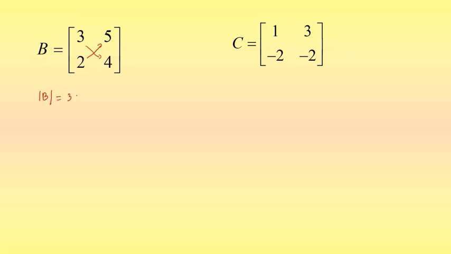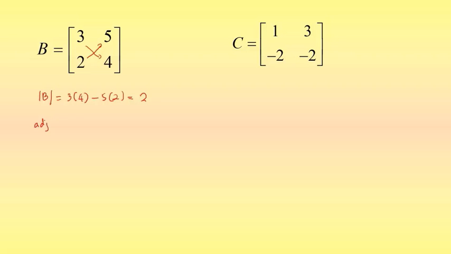So we have 3 times 4 minus 5 times 2, which is 12 minus 10. So we have 2. Since this is not equal to 0, we need to proceed with the adjoint matrix in order to get the inverse.